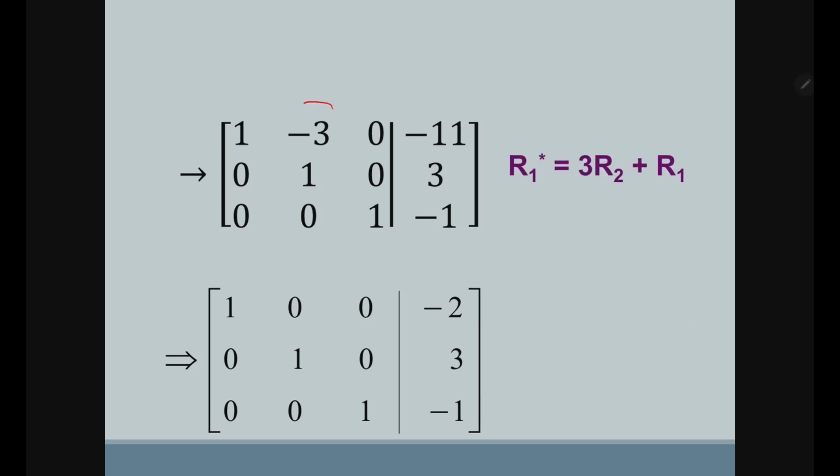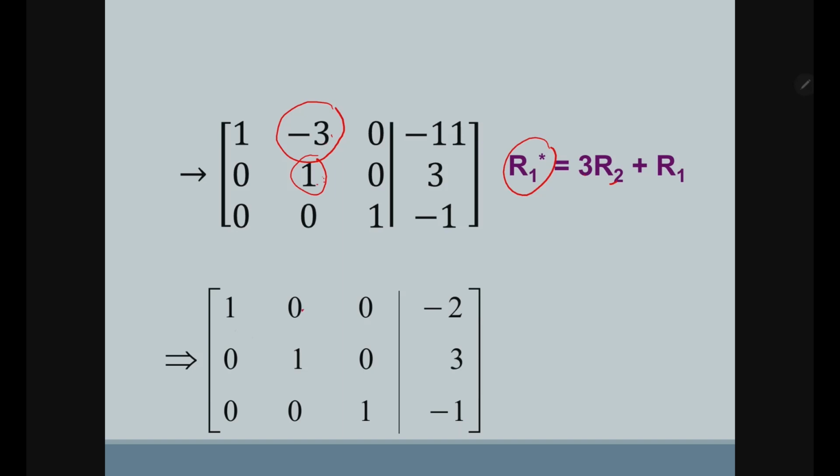And then next, we make sure here must be 0 by using the formula. The first row for the new formula, 3R2 plus R1. So 3R2, R2 here. Okay, 3 times 1 is equal to 3. 3 plus negative 3 equals 0 here. That's why here we get 0.